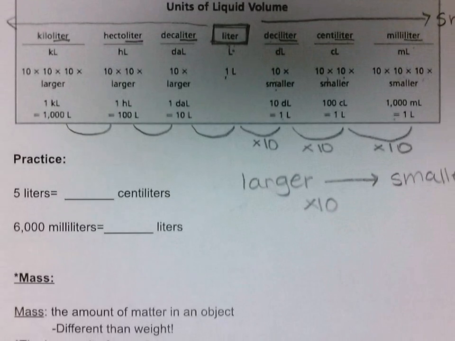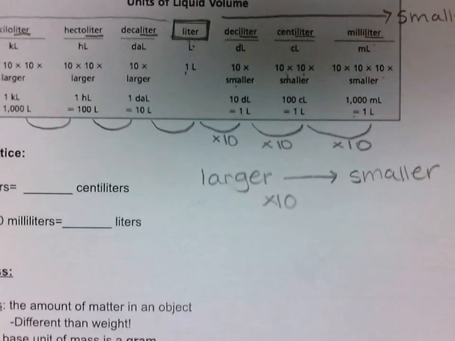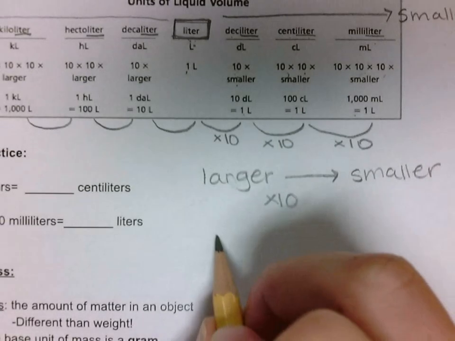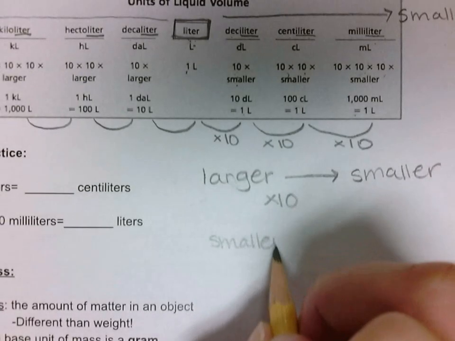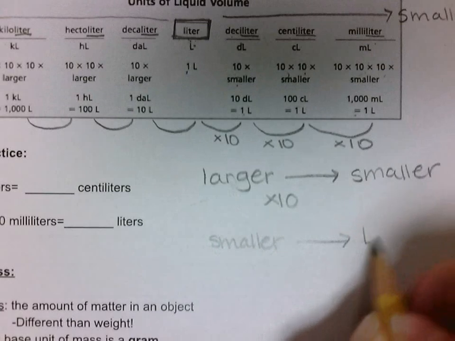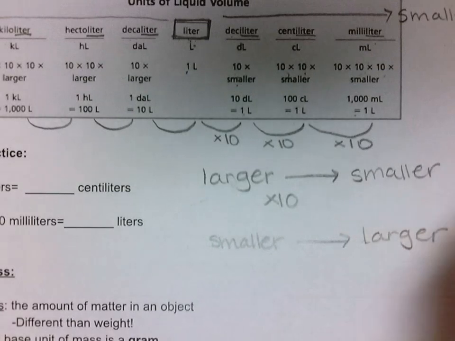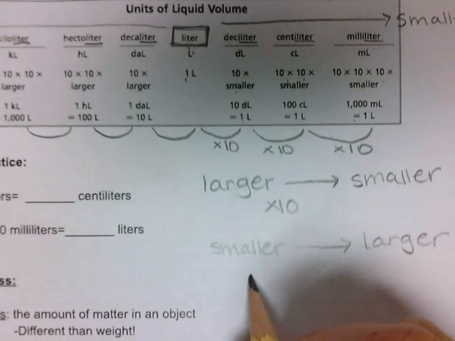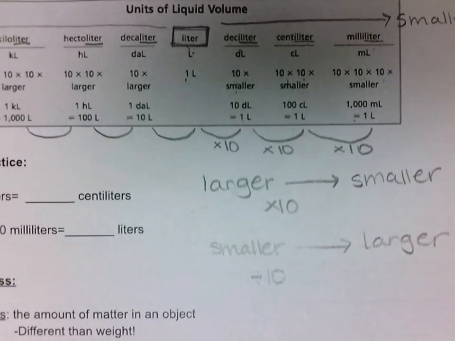Now, the same goes if we were to move the opposite way on the chart, from a smaller unit to a larger unit. We're just thinking the opposite of what we did for multiplication. We would divide, right? Remember, we're always dividing by groups of 10 or multiplying by groups of 10, because that is the relationship.